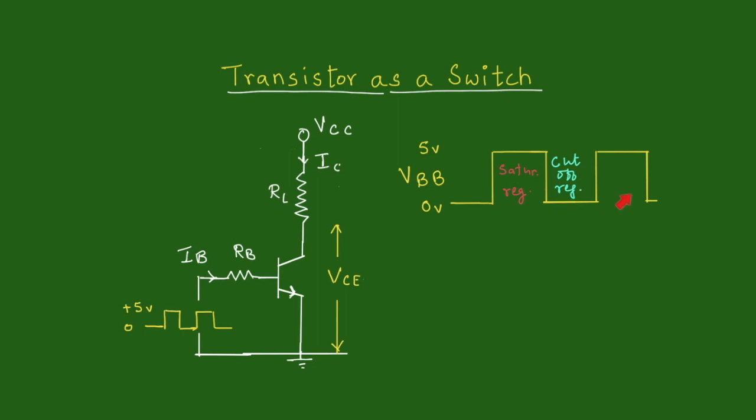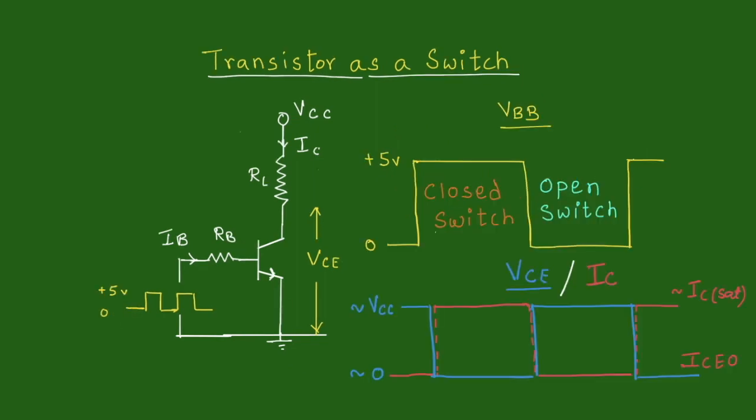It will not stay anywhere in between the two regions, that is, it will not stay anywhere in the active region. Thus we can see that transistor can act as a closed switch when VBB is equal to plus 5 volt, giving us collector current approximately equal to IC saturation and collector to emitter voltage approximately equal to 0.